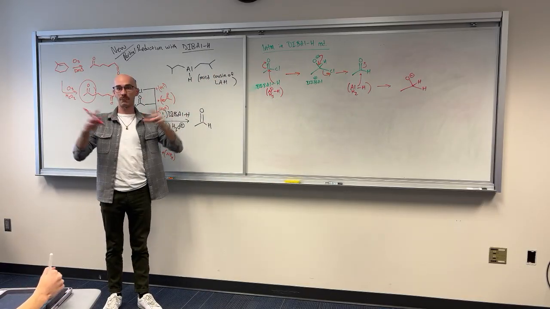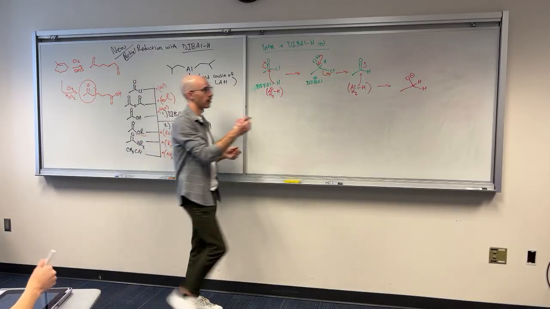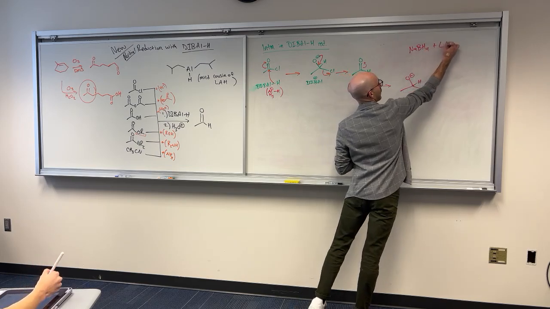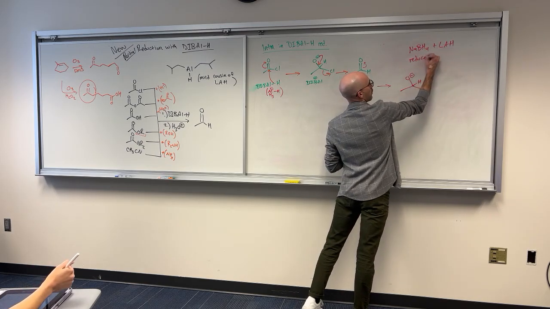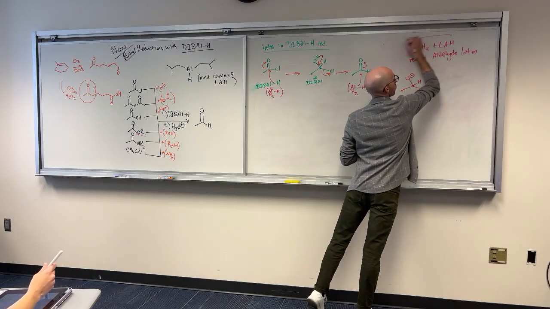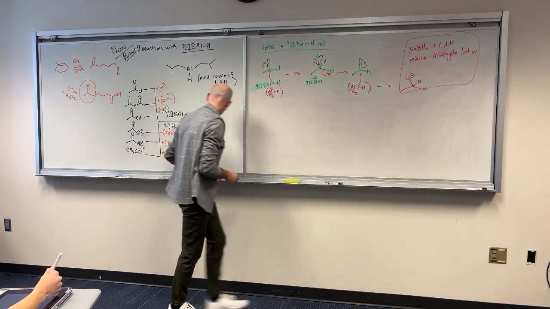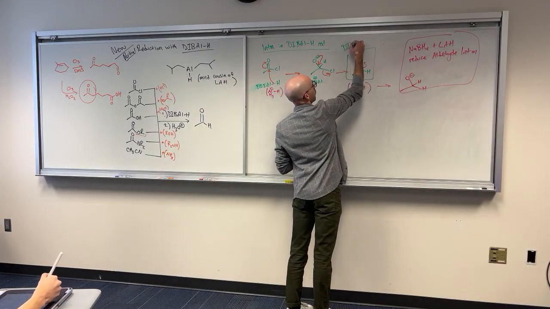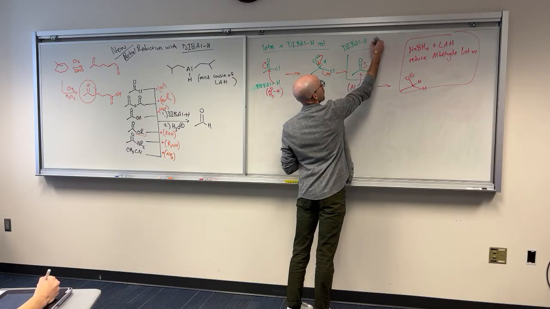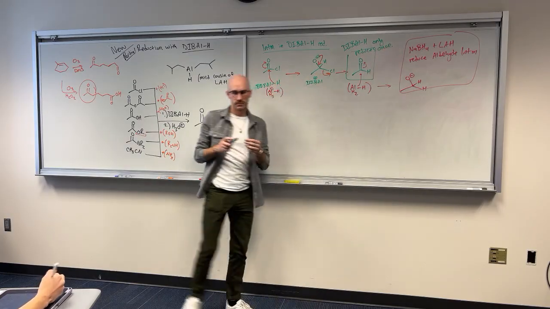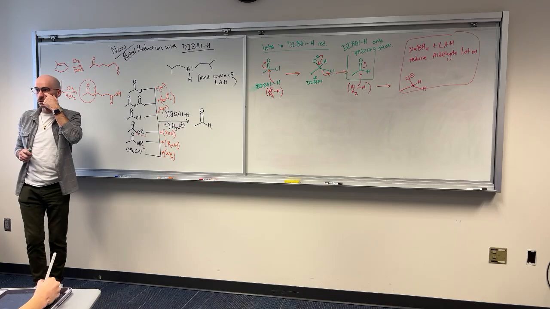DIBAL stops that reduction. So NaBH4 and LAH reduce the aldehyde intermediate. DIBAL only reduces once.